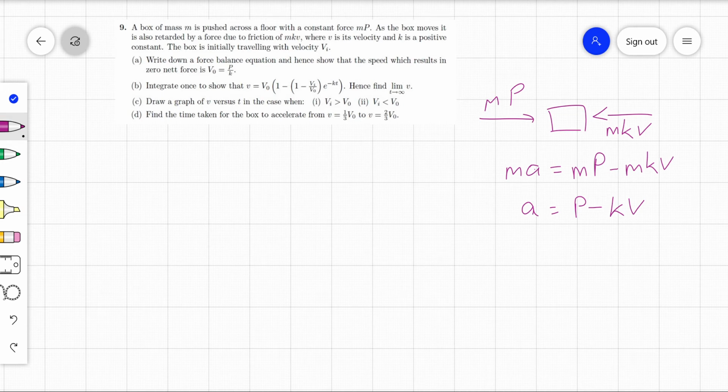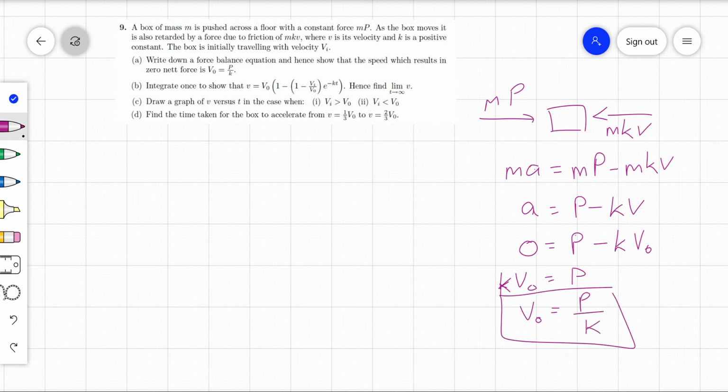Alright, so when a equals 0, so let's put a 0 there, we get P minus k v0, and if I make the constant kv0 the subject, and then v0 there, we get P on k. So that gives us a 0 net force, so the acceleration is 0.